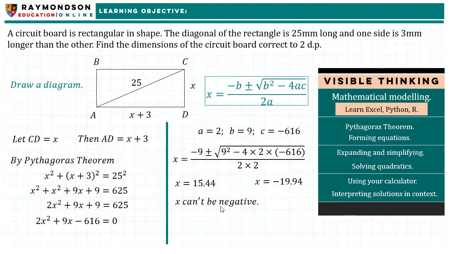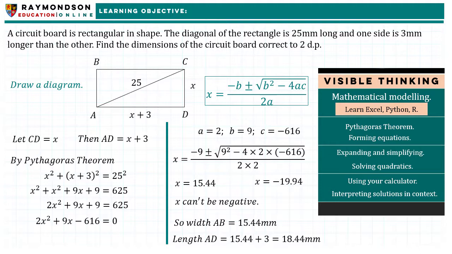So x cannot be negative, and to finish off the job, that means the width is 15.44 millimeters. We can bring in the units now, and then the length will be 15.44 plus 3, which is 18.44 millimeters. Now, do you stop there? In an exam, no, you do not.